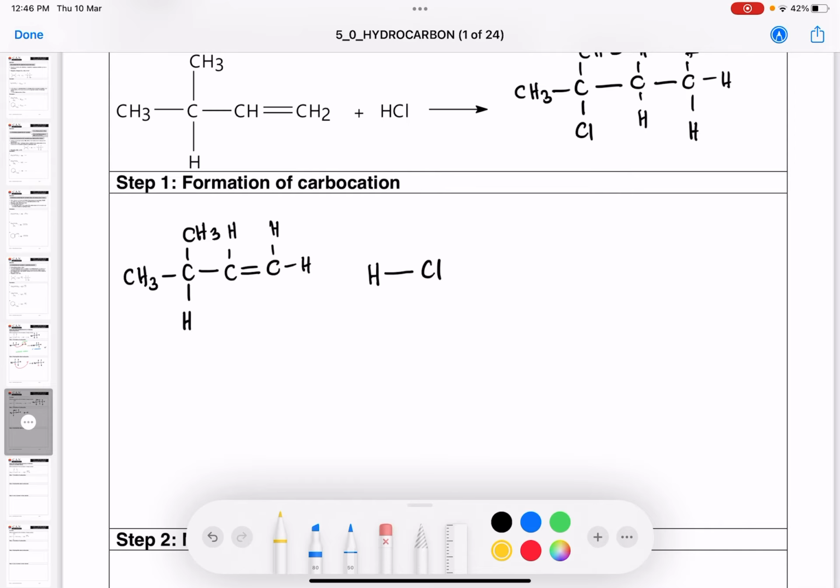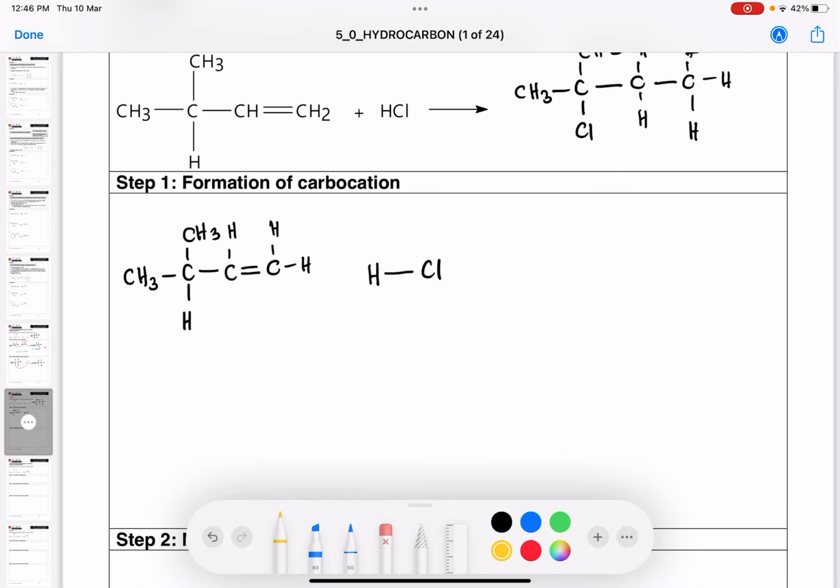You may pause first and try it yourself, and then you can continue watching this video. Okay, so for this one, how does this happen? All right, let's see.